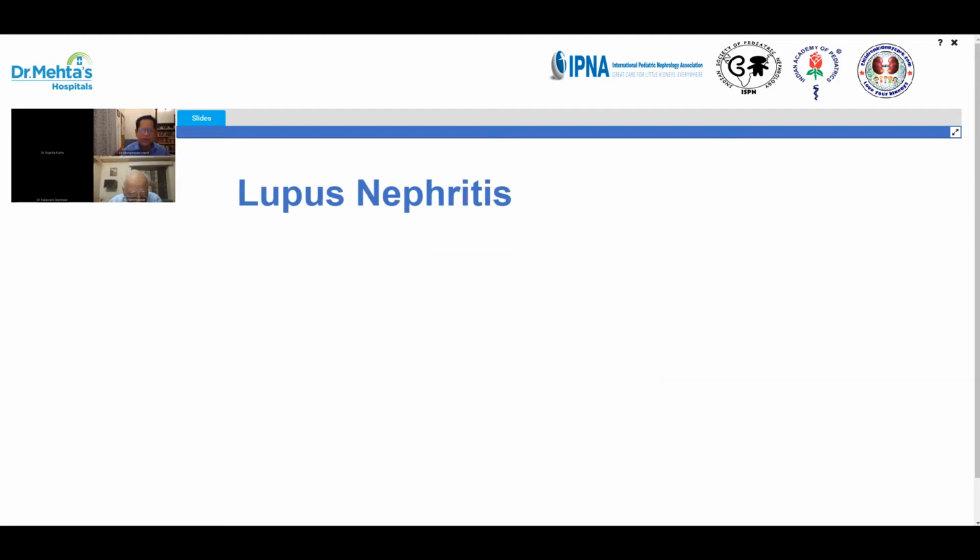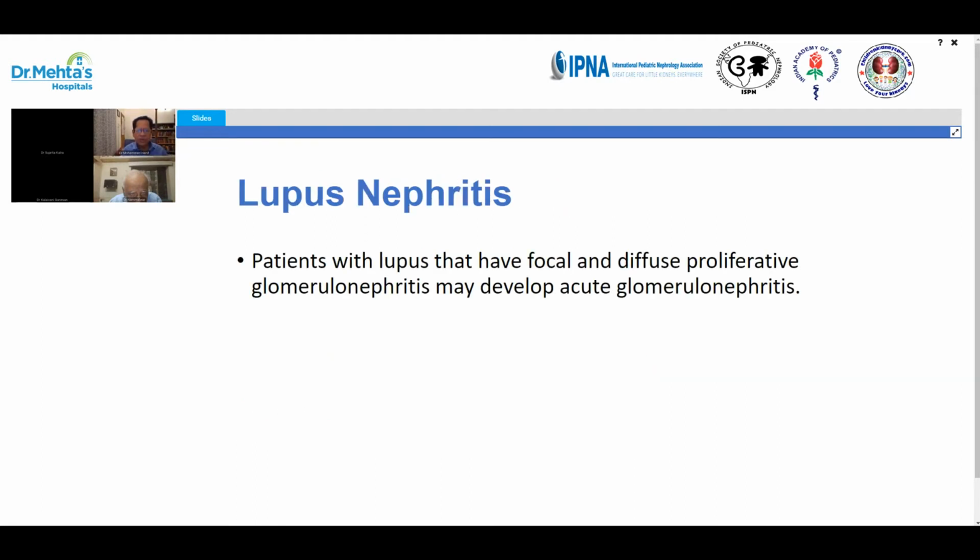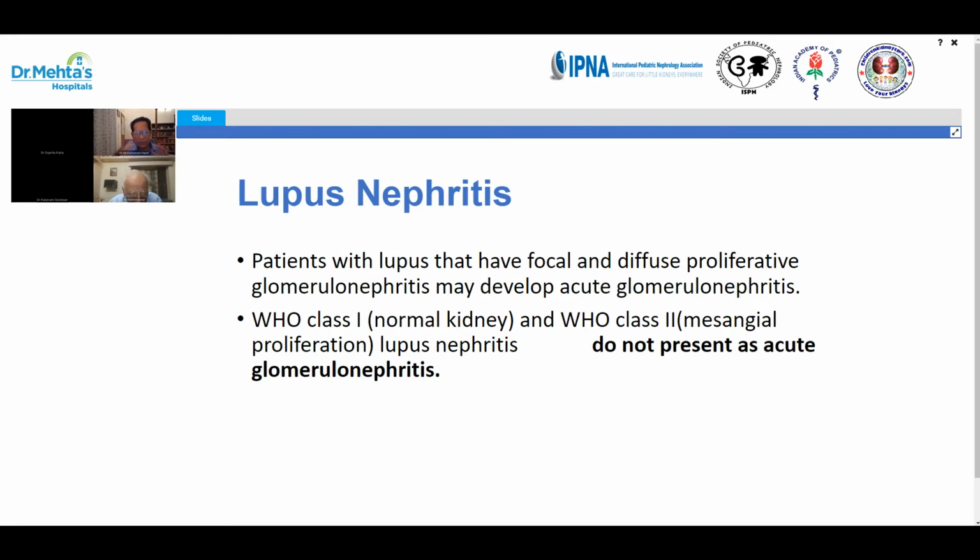Lupus nephritis is a multi-organ involvement. Along with glomerulonephritis, patients present with hematuria and proteinuria, a typical rash, organomegaly, and different organ involvement.